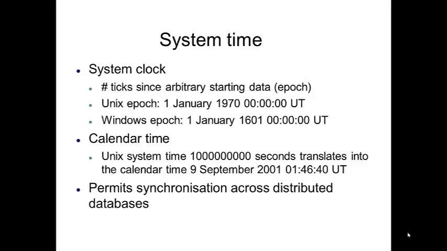And this is important, that this system time is linked to those atomic clocks and UTC, and it permits synchronization across distributed databases, these large almost instant financial transactions. Without these system times, without these atomic clocks, the modern internet, the modern financial world wouldn't exist.